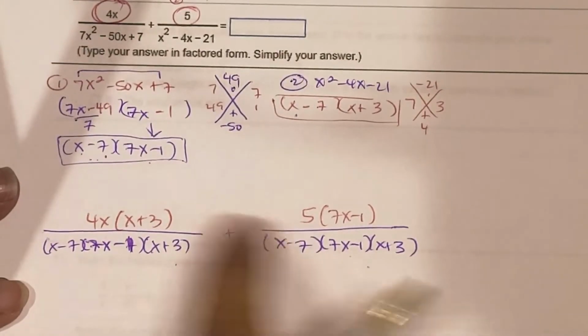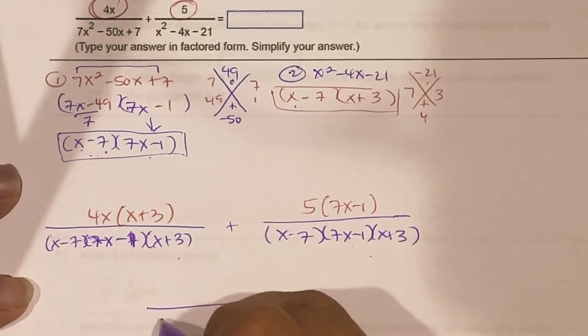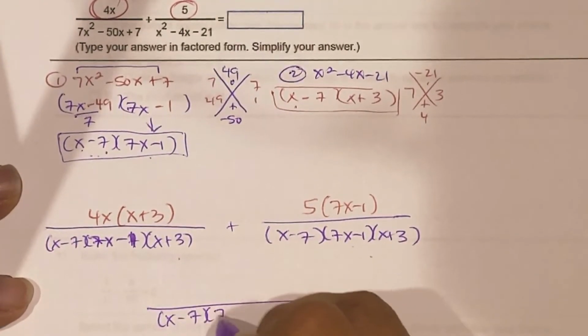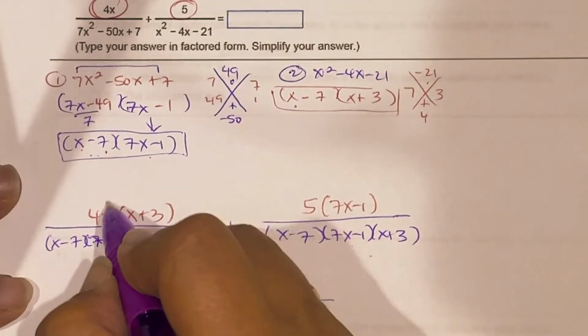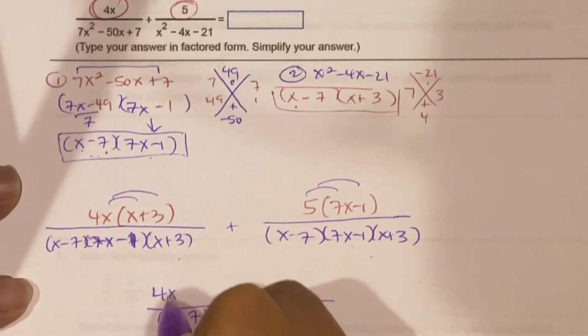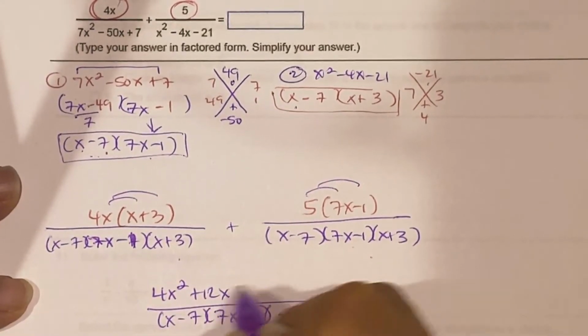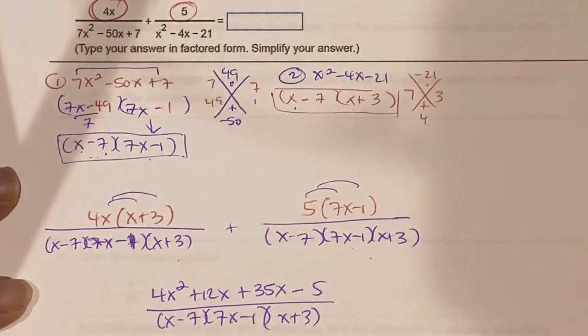So now, because both fractions are the same, you can make it into 1. So we have x minus 7, 7x minus 1, x plus 3. You are going to distribute. So it becomes 4x squared plus 12x plus 35x minus 5.